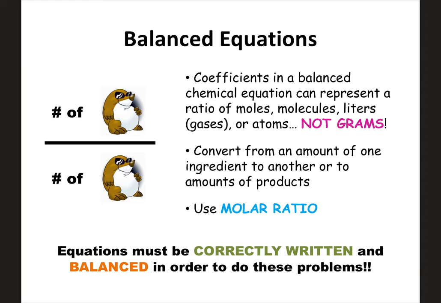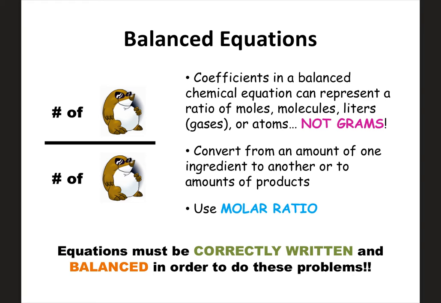You can't look at that previous equation we just did on the previous slide and say there's 2 grams of hydrogen for every 1 gram of oxygen. No, okay? The coefficients do not relate to a ratio of grams. Remember, grams take into account molar mass, all right? So you can't just look at the coefficients to get a ratio for grams, but it works for moles, molecules, liters, or atoms.